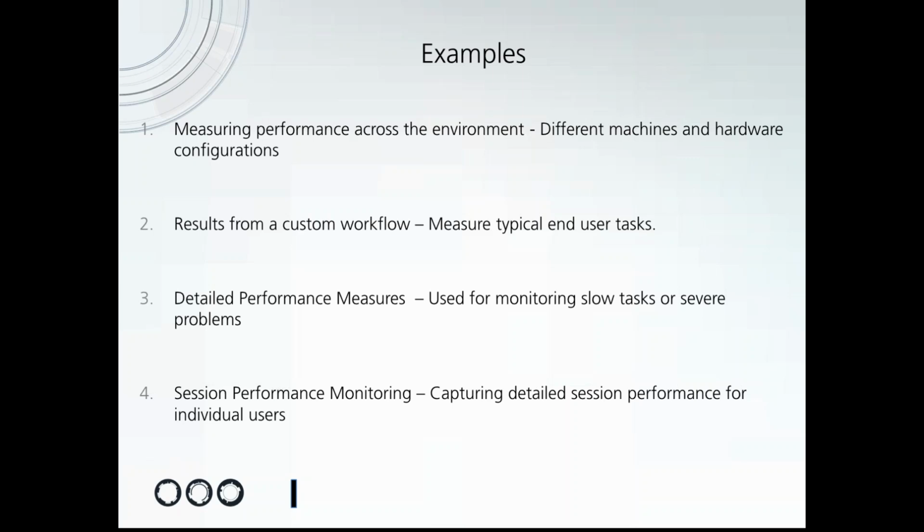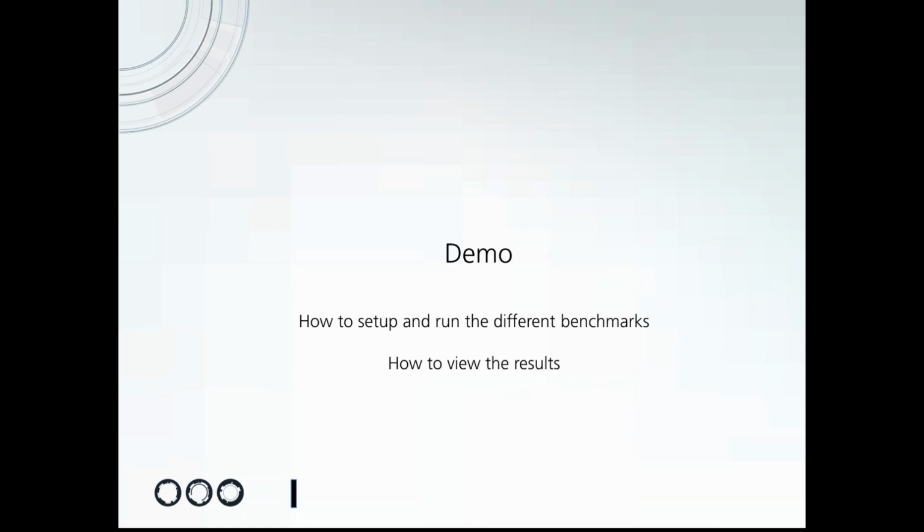I then want to dig into some of the more detailed performance measures that we make, and stress that these are really used for monitoring slow tasks or severe performance problems that you draw out over time. And then I want to look into something which we call session performance monitoring, where we can enable performance monitoring of people as they work in Petrel, and we can capture any problems they may encounter over time.